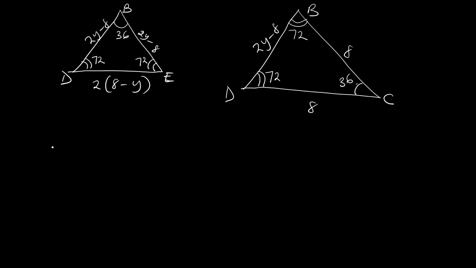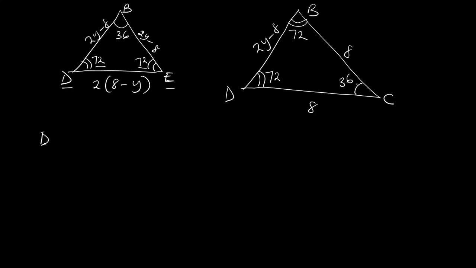So if you look at it critically, now you will see that the side that is adjacent to the two angles, the two angles of 72. Look at this 72, the side that is adjacent to it is DE.